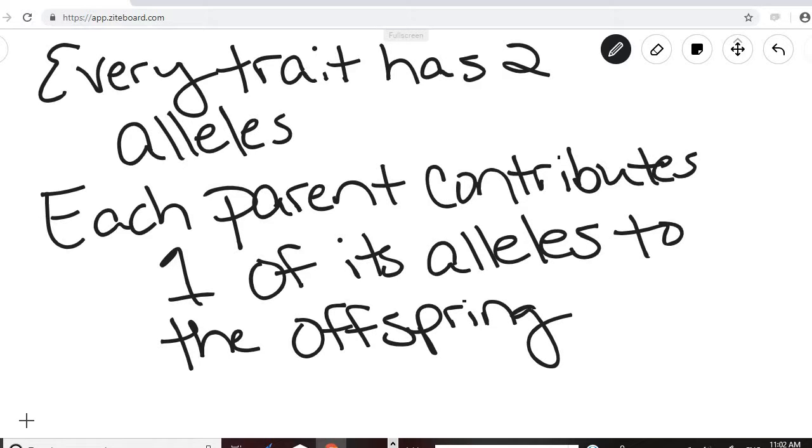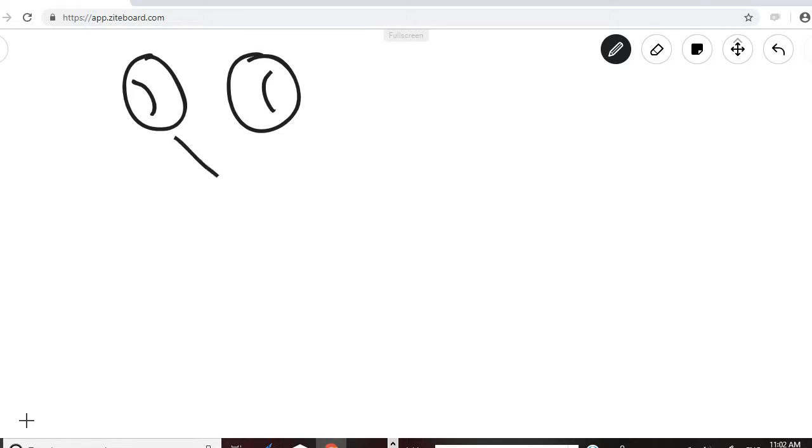So if we go back to meiosis, remember that what happened in meiosis was that you ended up with cells that had just half of the genetic information, so that when these come together to form a new offspring, on this chromosome there are going to be different traits, and each parent will contribute just one of their alleles to the offspring.